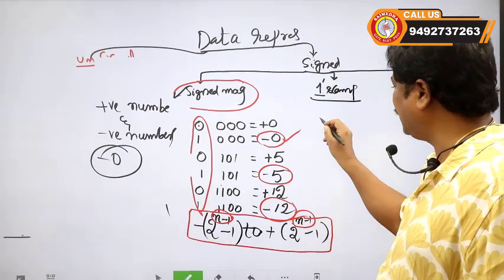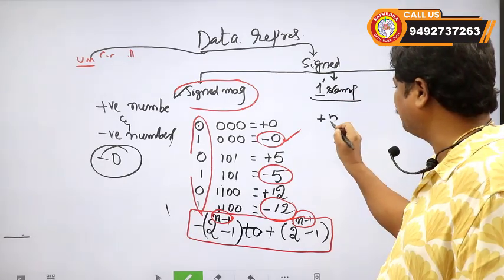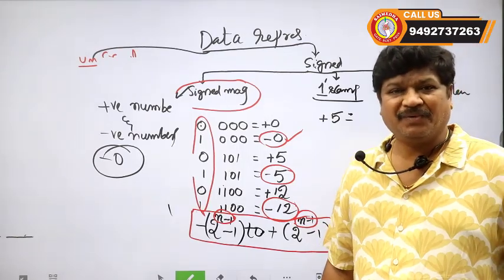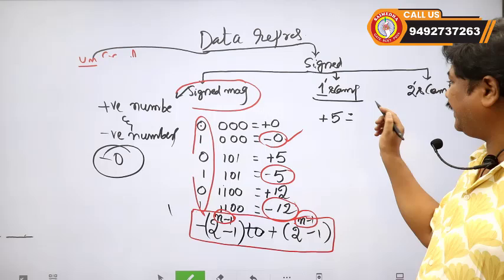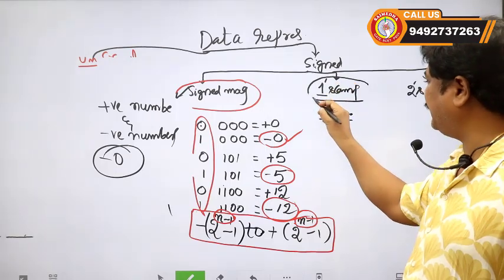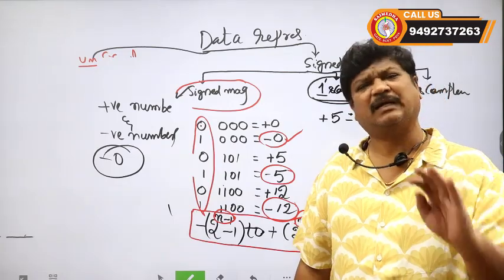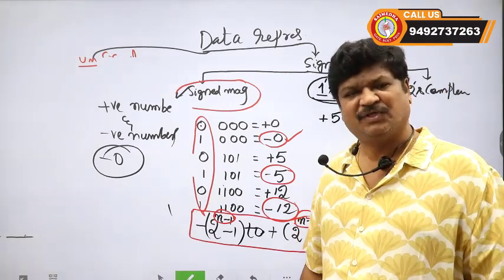For example, I want to write plus 5 here. How to write plus 5 in ones complement data representation? Try to write first; you write yourself.